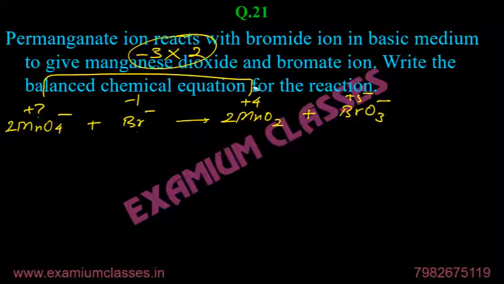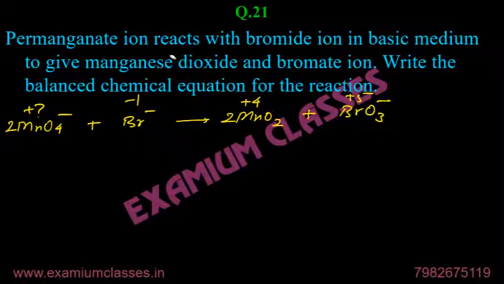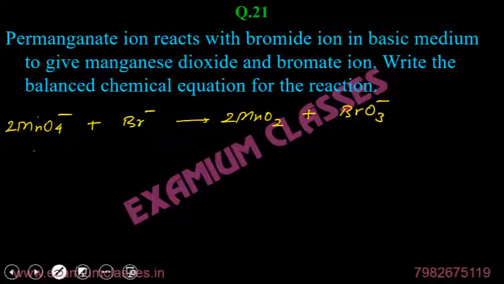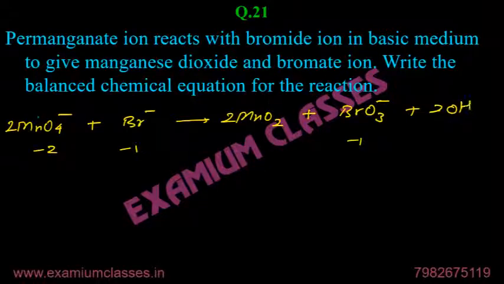After that, once we have done the balancing of oxidation states, now we will see that we need to balance the charges. Because it is basic medium, we will balance the charge. It is -2, -1. Here we have only -1. It means we need to add OH minus. So -1, -2.